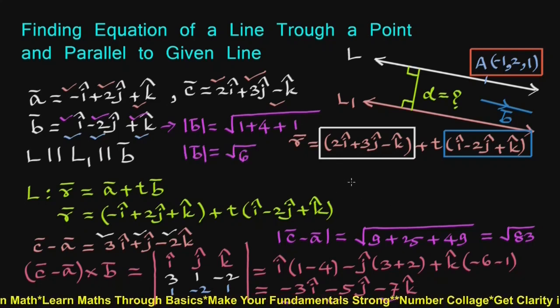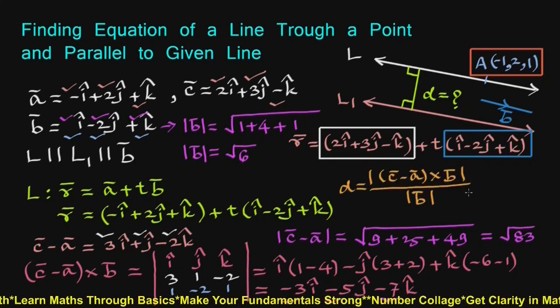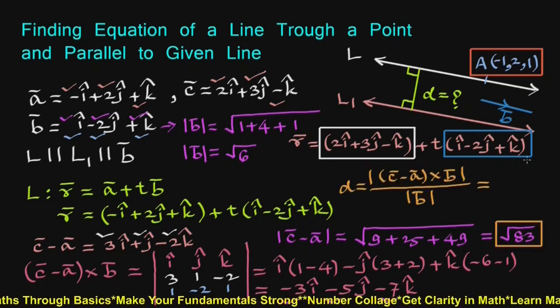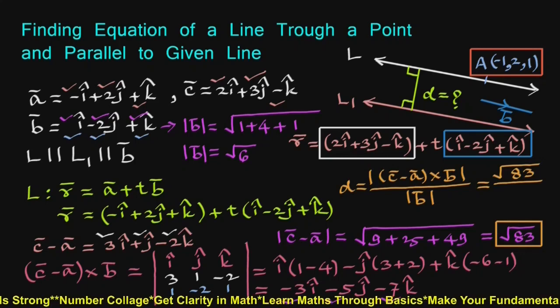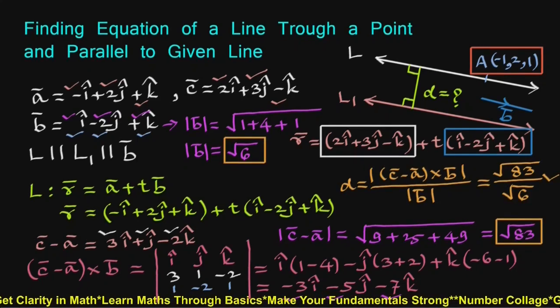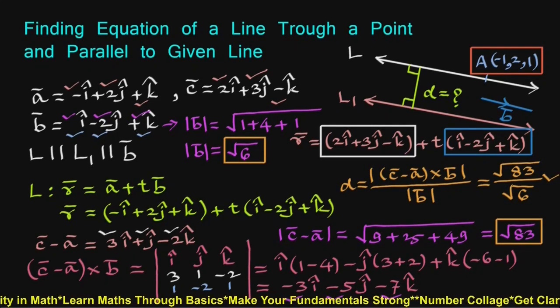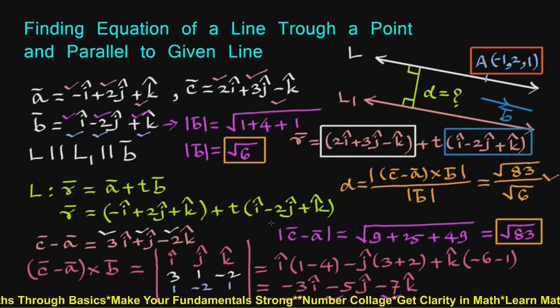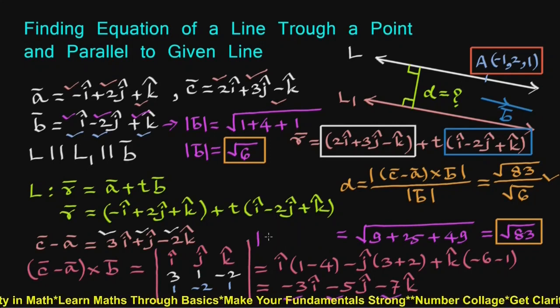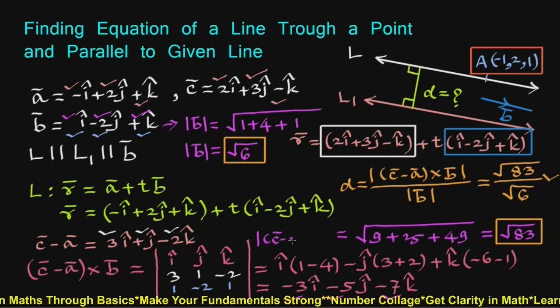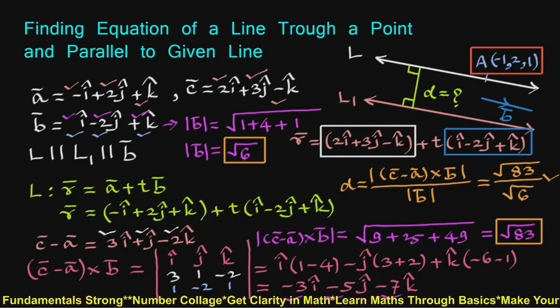Now shortest distance d is, putting the values, root 83 upon root 6. Please note one correction. This is not mod c bar minus a bar, but mod c bar minus a bar cross b bar, which is root 83.